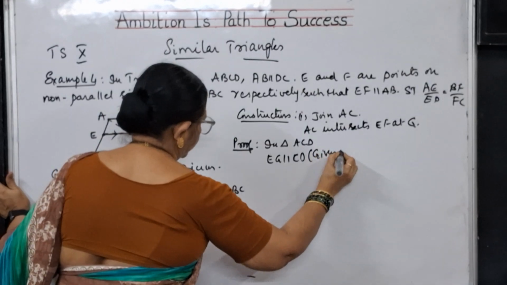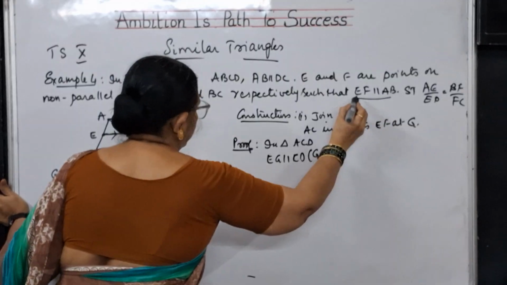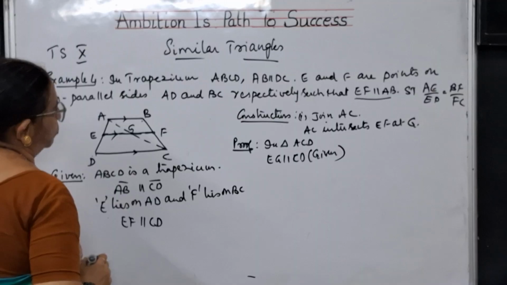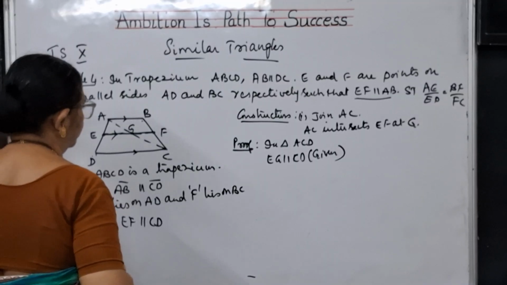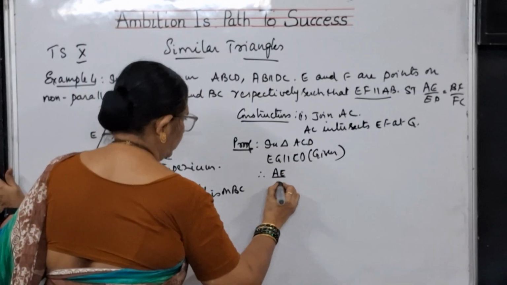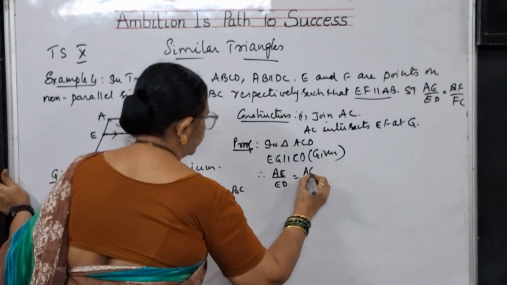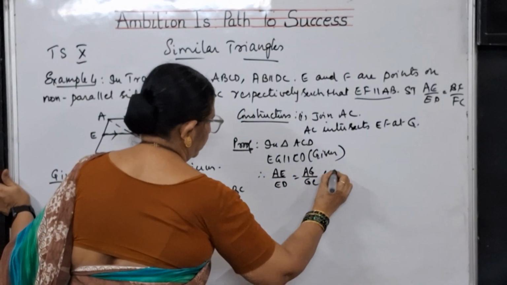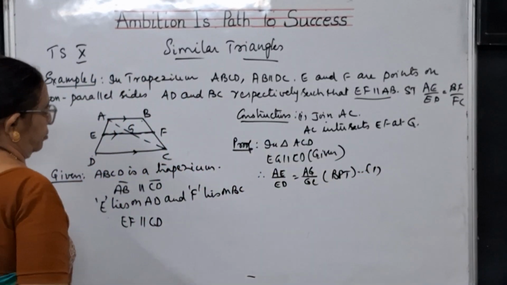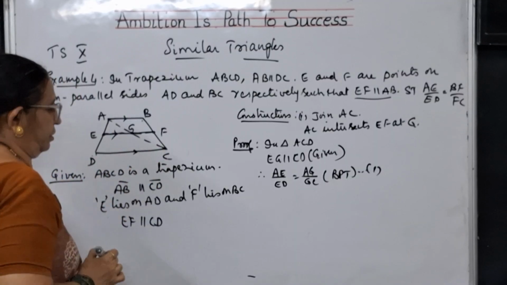This is given to us. See, EF is parallel to AB and EG is a part of EF. So EG is parallel to CD. Therefore, AE by ED is equal to AG by GC, basing on BPT. Let us consider it as the first equation.